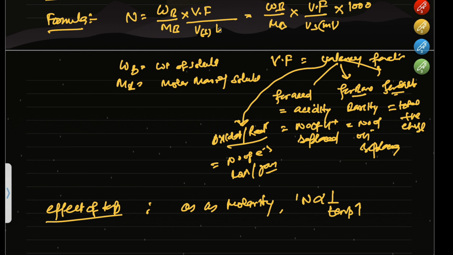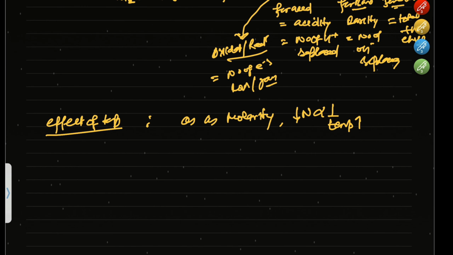Temperature increases, normality decreases. Next is the unit. Unit is gram equivalent per liter, or capital N, normal solution.